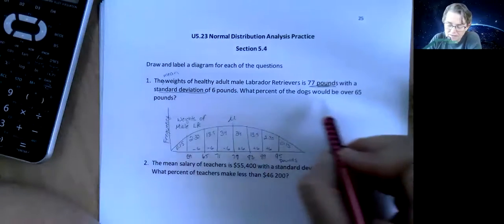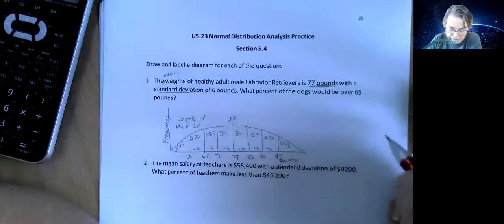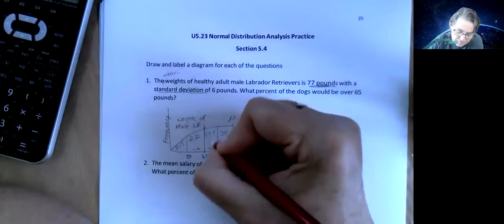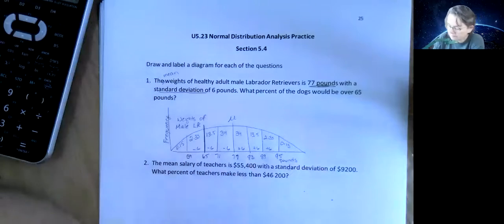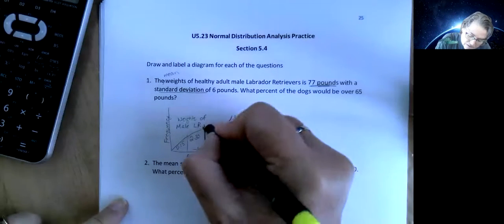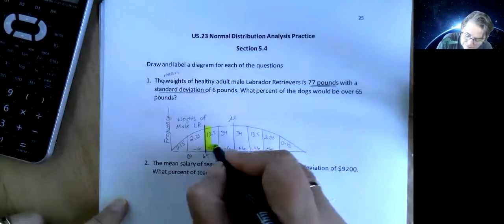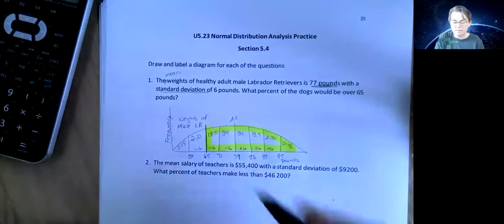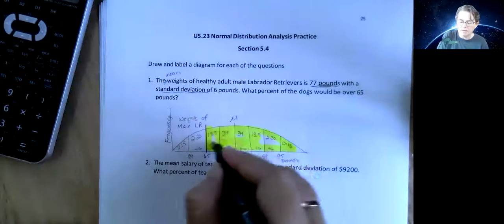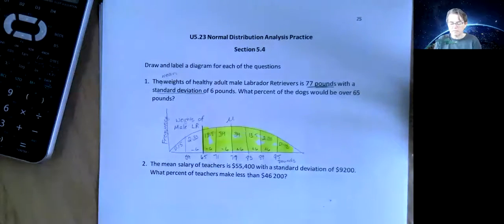All right, what percent of the dogs would be over 65 pounds? So all we do is define 65, and because I'm only doing one question, I use my handy dandy highlighter, and this is the area that I want.